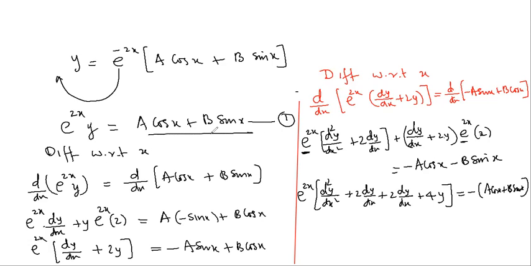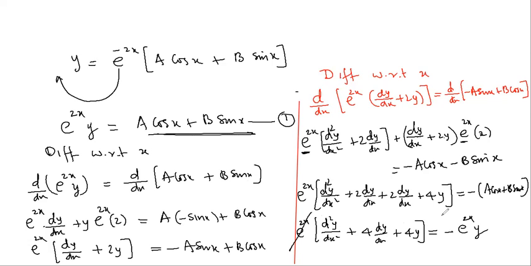And that is nothing but your equation number 1. So e raised to 2x into d2y by dx2 plus 4 dy by dx plus 4y equal to minus e raised to 2x into y. e raised to 2x will get cancelled. So your final answer is d2y by dx2 plus 4 dy by dx plus 5y equal to 0, is your required differential equation. Is it clear?